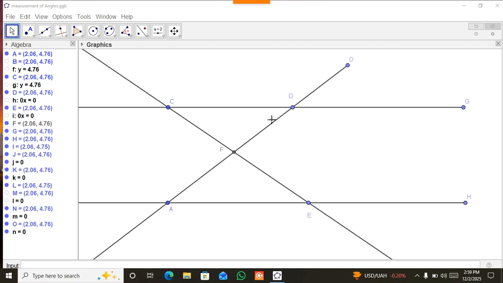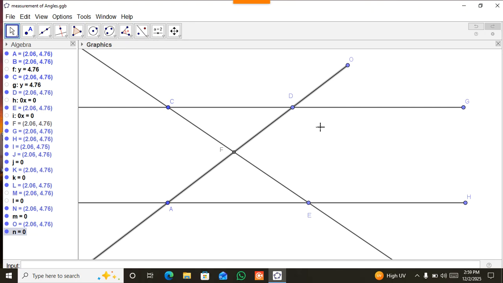Okay, so as seen, we have two parallel lines with a transversal line that cuts across the two parallel lines.